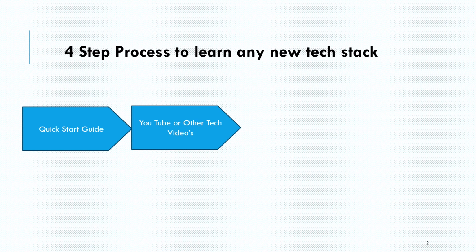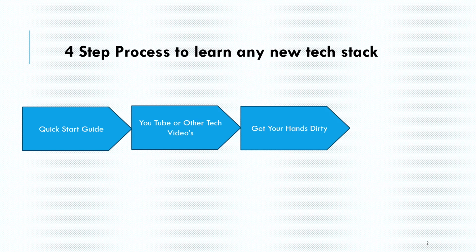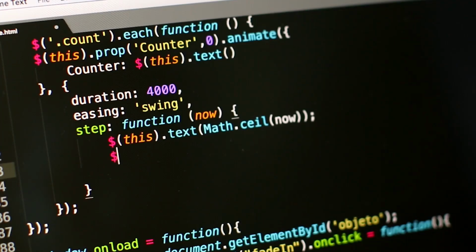But now, if you are a developer, and for an architect, I think it's enough, right? But if you are a developer, you need some hands-on coding as well. So the first step which I follow: get your hands dirty. For example, you are learning Spring Boot. What do you do?